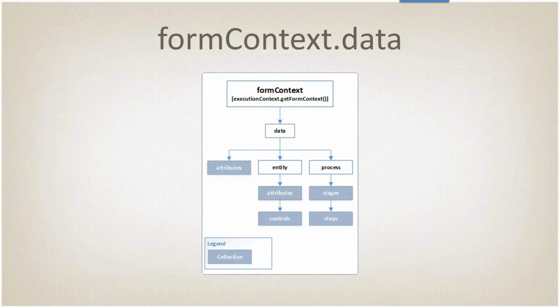So the formContext.data is basically the data elements for the form context. Now, one thing to note about the form context is that it is contextual. It sounds silly, but that's what it means. We have the form, and then we have a grid. That's also a context.